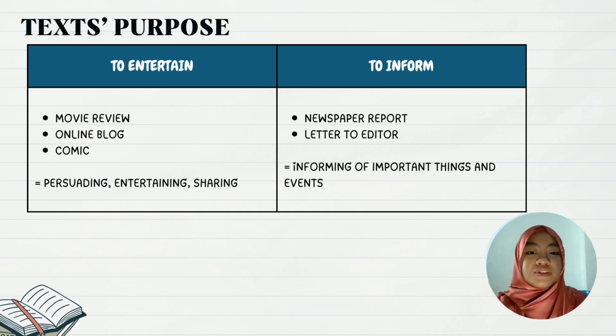So I put newspaper report and letter to the editor in this column because both of them have the same purpose, which is to inform of important things and events. And we can see this in the way that the author uses facts and data, statistics to prove of these events that happen, that they are informing of in the text for the audience to read and to be informed.